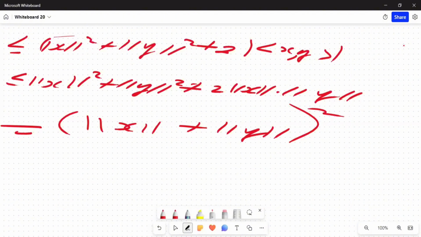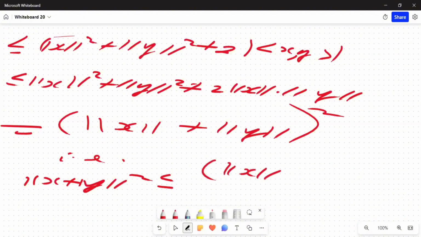Recall what we started with. We have shown that norm of x plus y squared is less than or equal to norm of x plus norm of y all squared. If you take the square root of both sides, it will remove the squares.